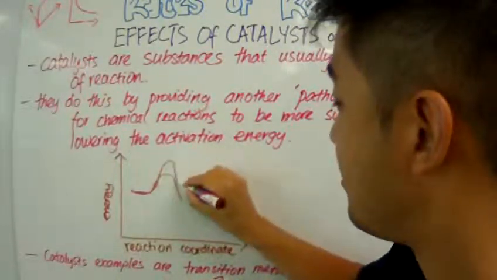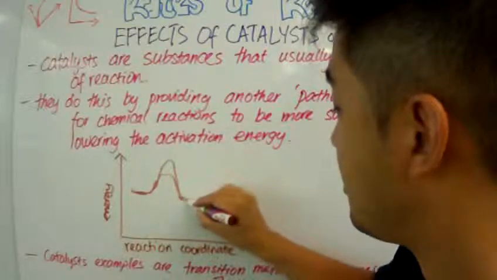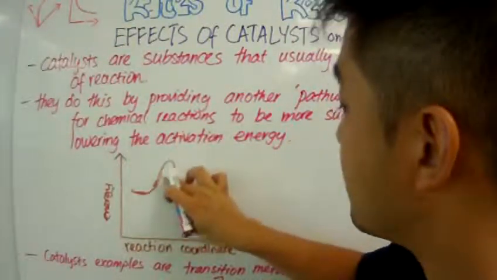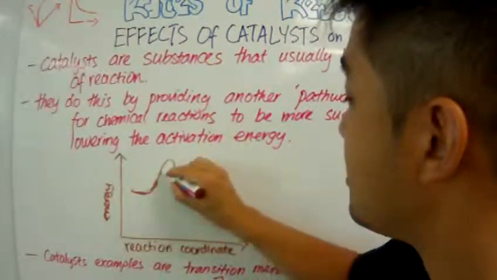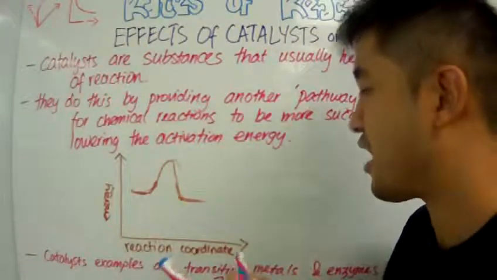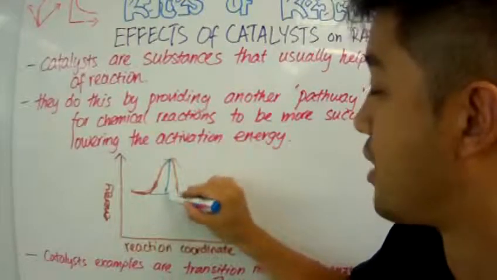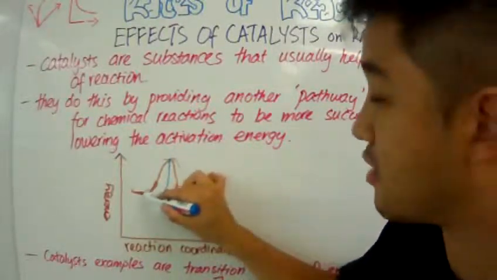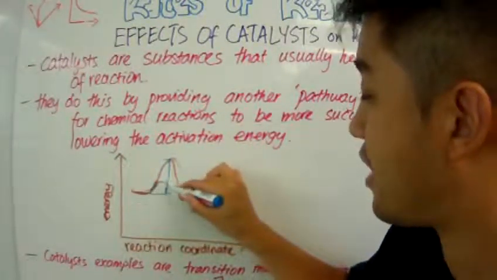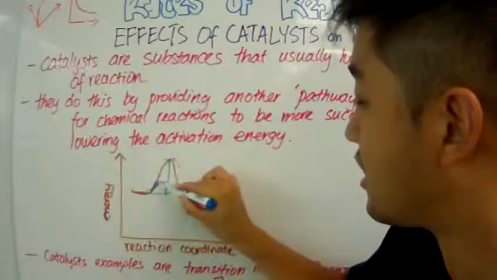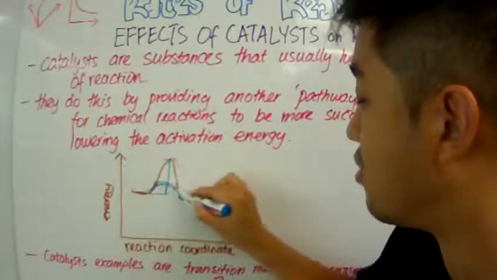Let's go higher, and it's slightly exothermic. Okay, so this reaction has a pretty high activation energy barrier, and so catalysts can provide an alternative pathway where the activation energy is quite low.